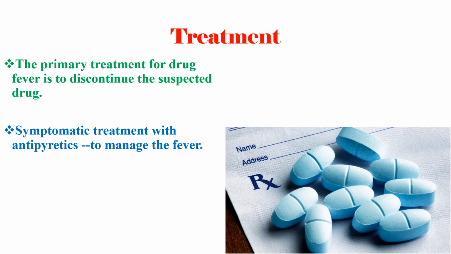The primary treatment for drug fever is to discontinue the suspected drug. Re-challenge with the drug can be done to confirm the diagnosis if the fever returns, but it is usually only done in suspected cases and with careful consideration. Symptomatic treatment with antipyretics like acetaminophen or ibuprofen may also be used to manage the fever.